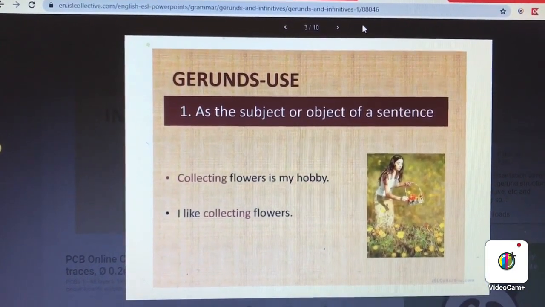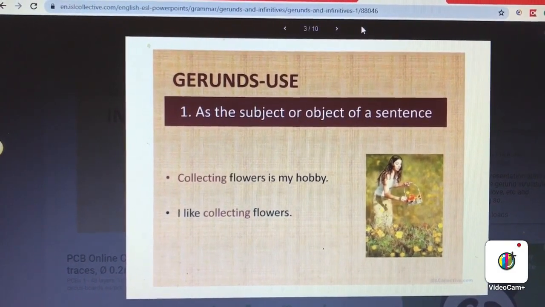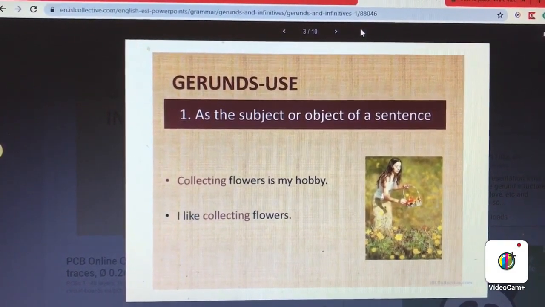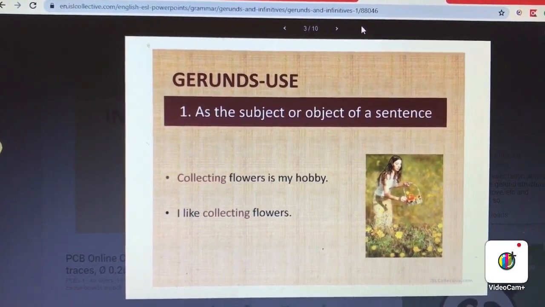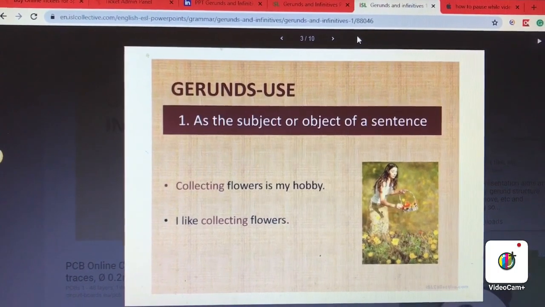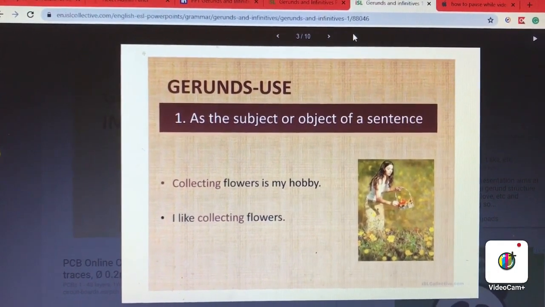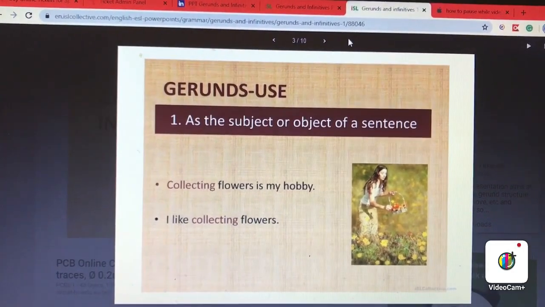I like collecting flowers. In this sentence, we have a subject, which is I. We have a verb, which is like. I like, he likes, she likes. We use like as a verb. And collecting flowers is the object in this sentence.